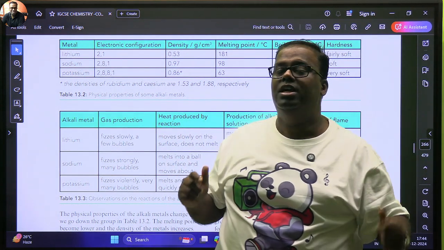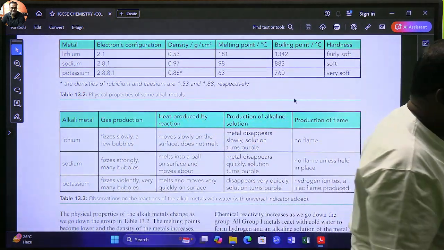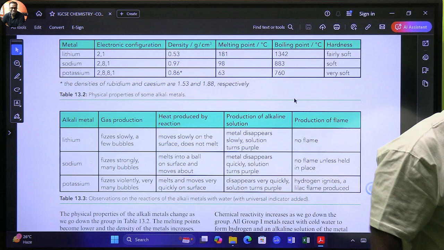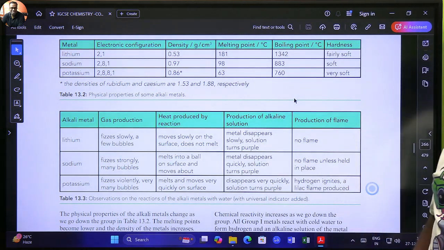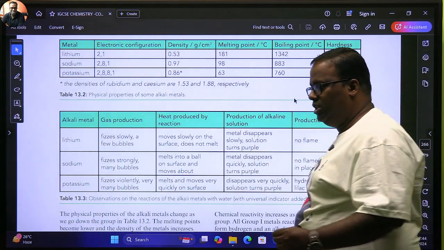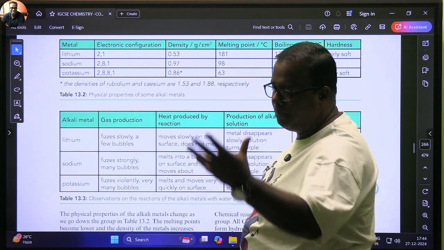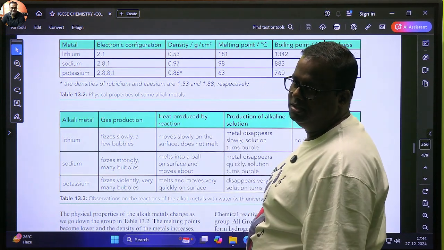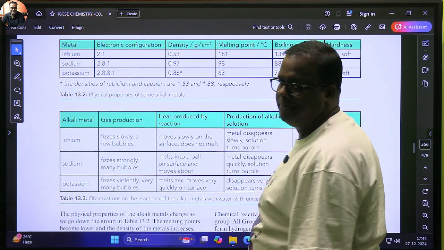Write that down also. The test of hydrogen is always a pop sound created when a lighted matchstick is brought near the test tube. Hydrogen's presence can be detected by a lighted matchstick brought near the test tube, which will create a pop sound. Means it will burn like this. That is hydrogen. Okay? Understood?